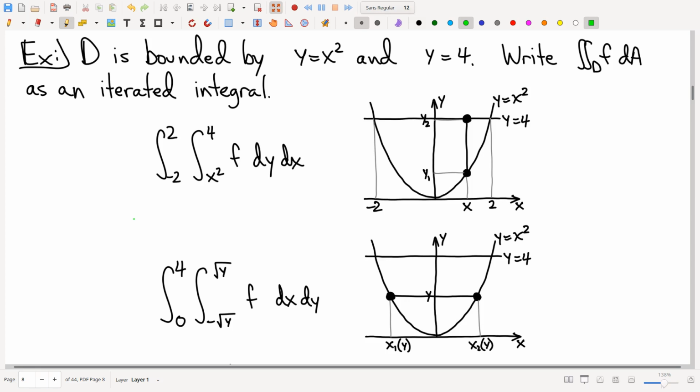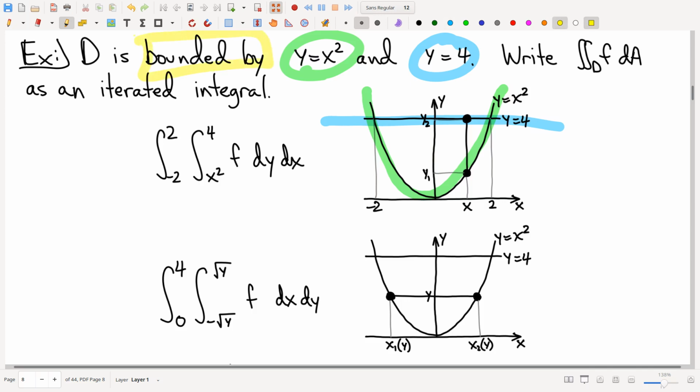Okay, so first, here's the integral. It is an integral whose domain is bounded by this curve and this curve. Now I want to very quickly take an aside and talk about the language here. In particular, what do I mean by the term bounded by? This actually means two things. On the one hand, it means that these two curves make up the boundary of the shape in question.